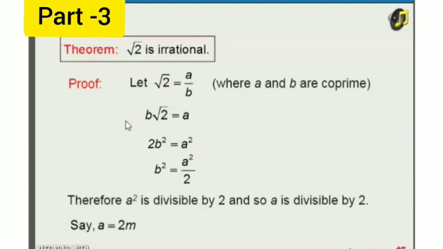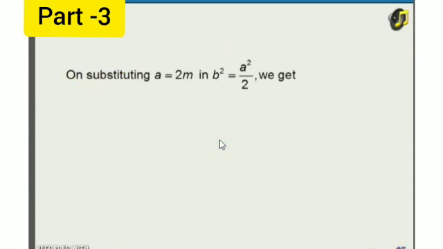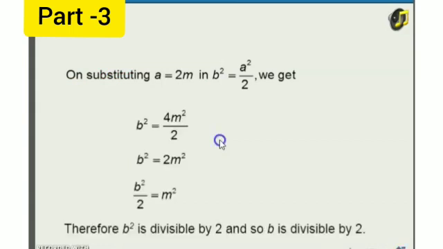Let a equal 2m, where m is another integer. Substituting the value a equals 2m in b square equals a square by 2, we get b square equals 4m square by 2, b square equals 2m square, b square by 2 equals m square, and therefore b square is divisible by 2, and so b is divisible by 2.